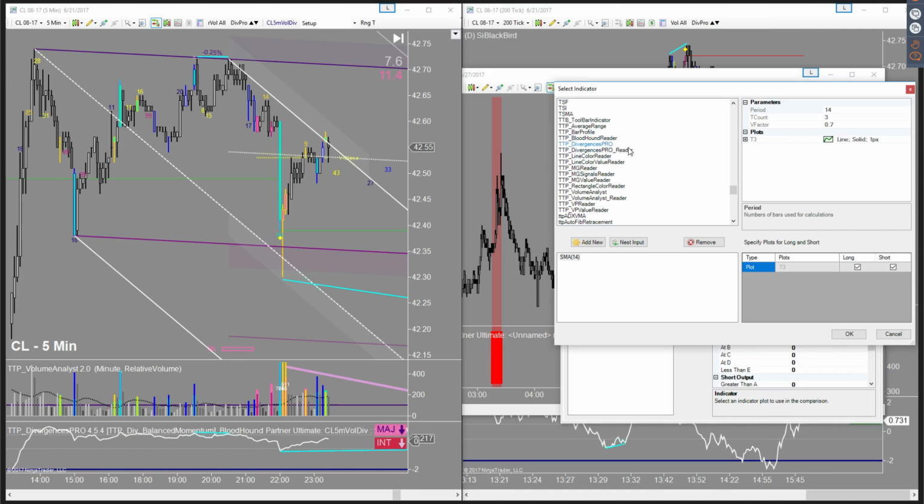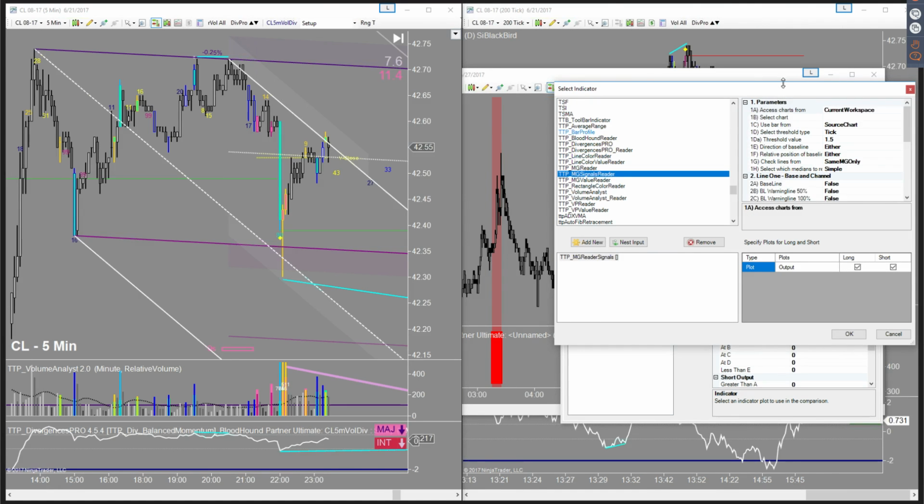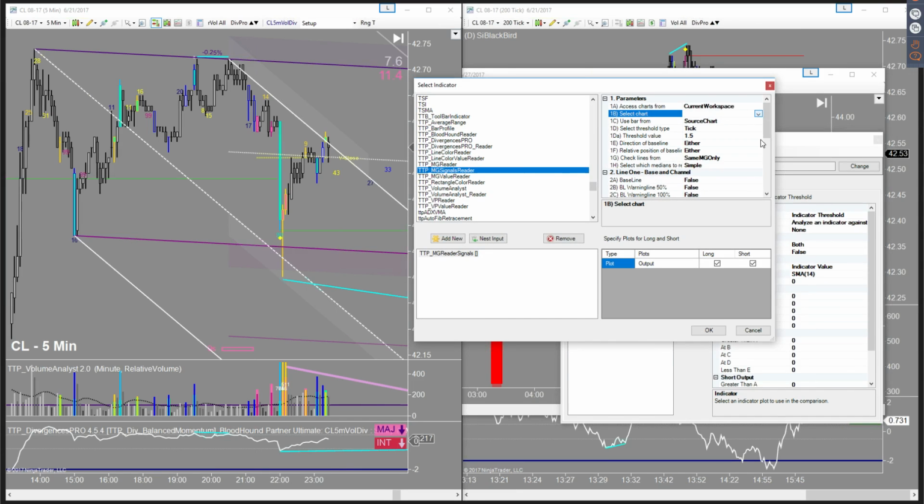So what we have done, we have all of these different signal readers, right? So this one, the market geometry signals reader, I'm going to read that 5-minute chart. I'm going to use the bars from the source chart. Just set the threshold to 0. I can set the slope, whether the channel line is above or below the baseline, and then activate whichever sets of lines that I want.